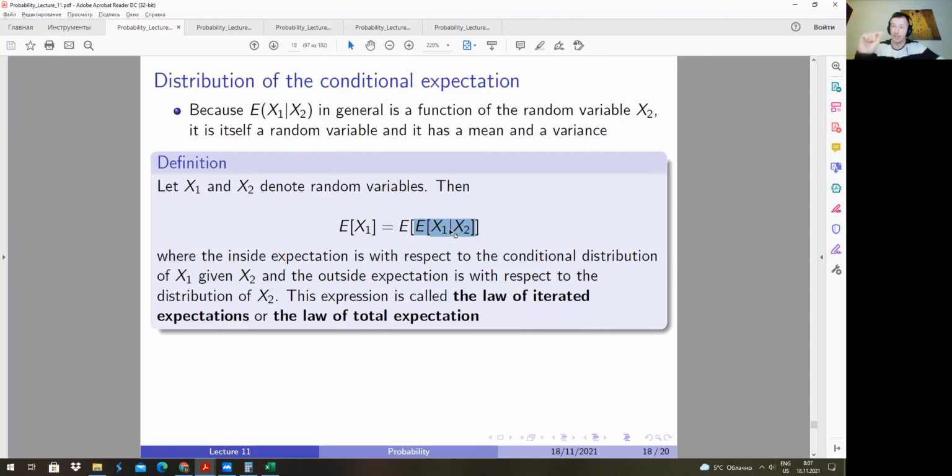And then look, the outside expectation is with respect to the distribution of x2, because now inside we have a function of x2, and depending on the values of x2, we are taking the outer expectation here. You will see an example of how exactly it works.